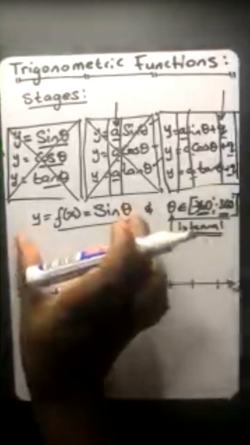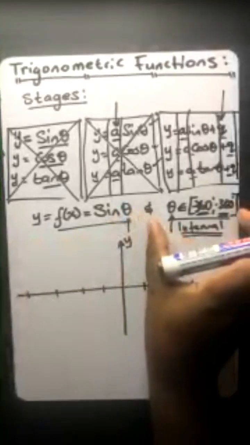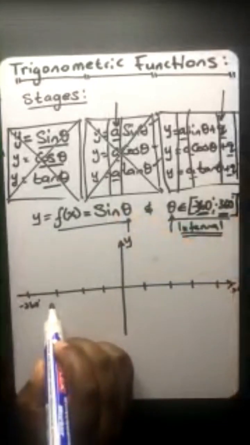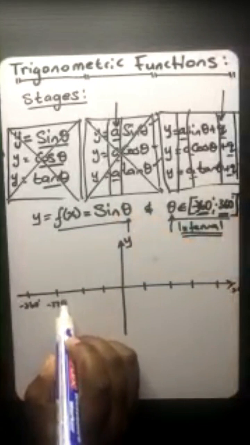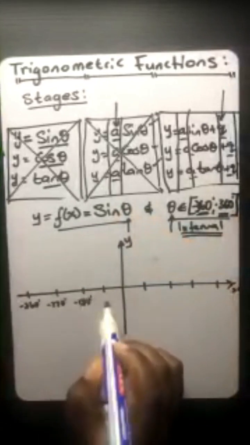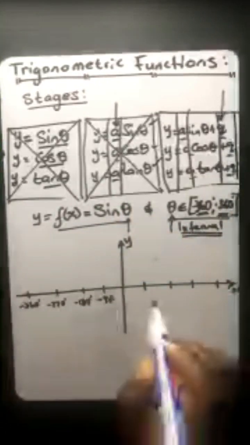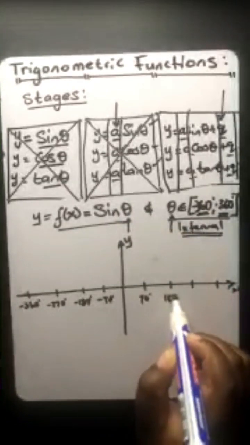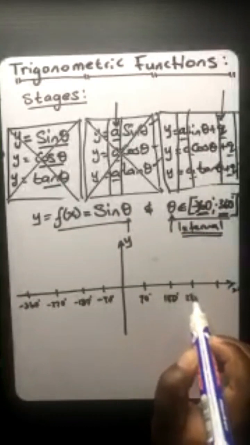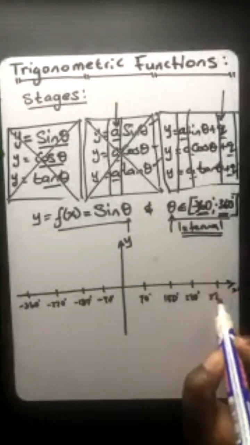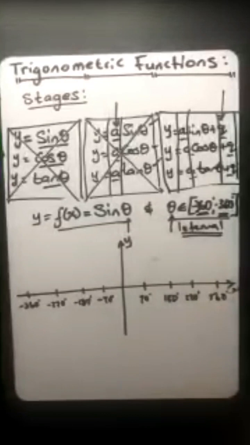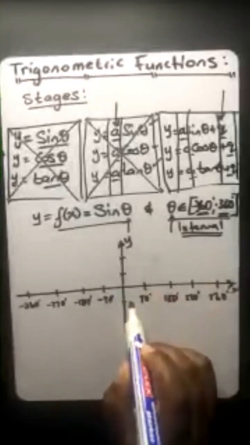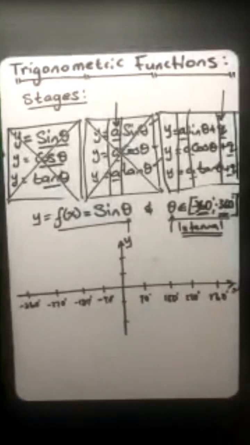Before you even get to that, this is what you look at: negative 360 degrees, negative 270, negative 180, negative 90, 90, 180, 270, 360 degrees. Then here you can maybe just have 1, 2, negative 1, negative 2.